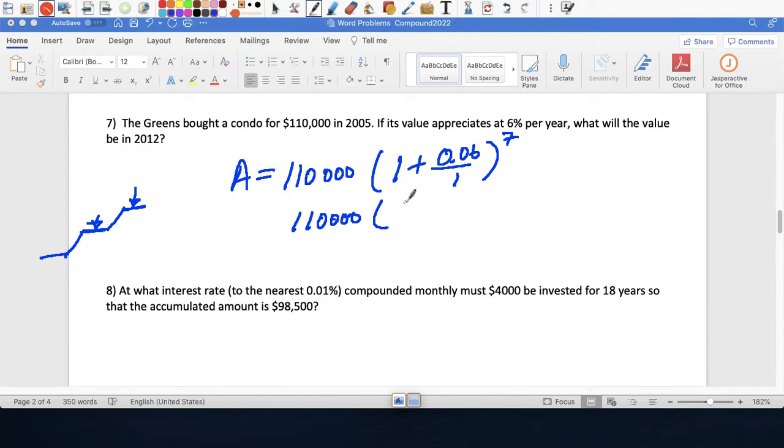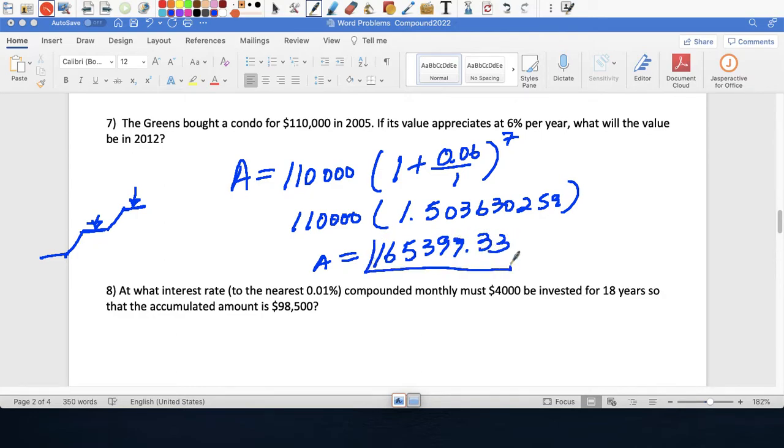And the number we're going to have here is 1.503630259. Now multiply that by 110,000. And our house value was $165,399.33. So in 7 years, a house that we bought for 110,000 is now valued at 165,399. So not bad.